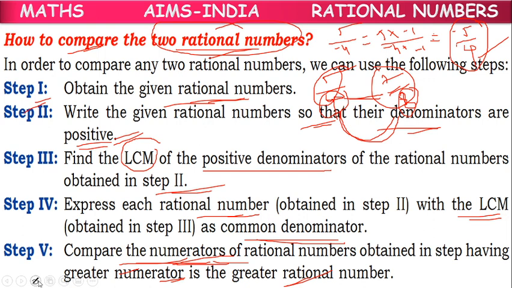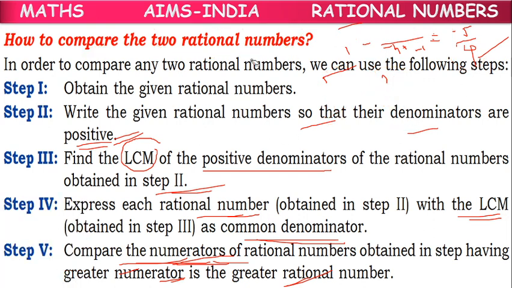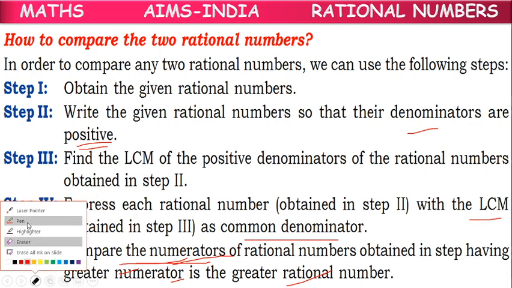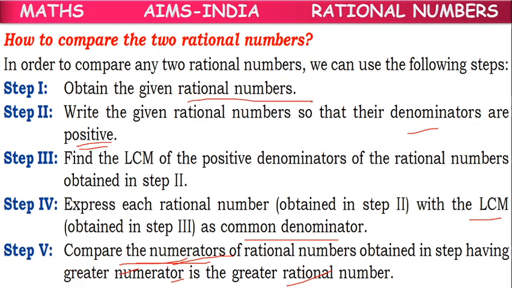So here, how to compare, children? What is the first step? First, we have to note down the given rational numbers. Next, denominators to be positive. After making them positive, we have to take their LCM.